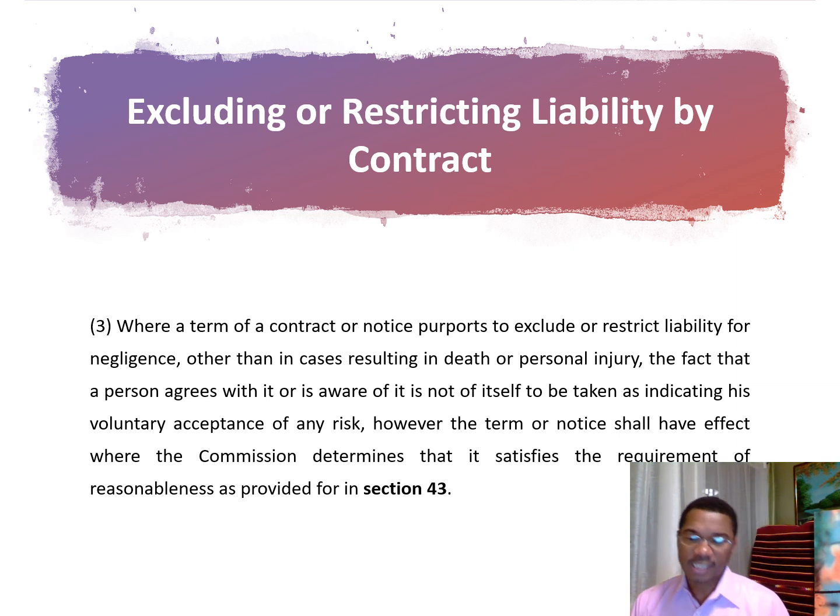The question that arises is, is it reasonable for liability arising from wrongful death, liability arising from negligence that causes personal injury, to be excluded or to be limited by contract?